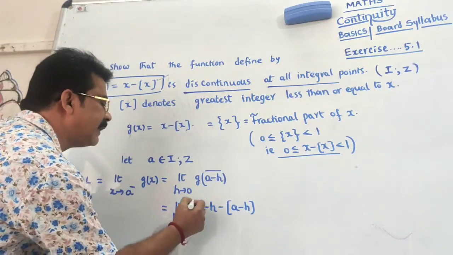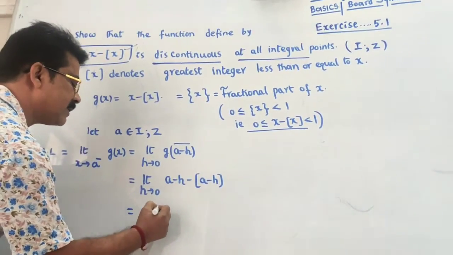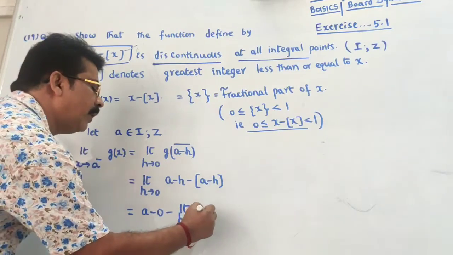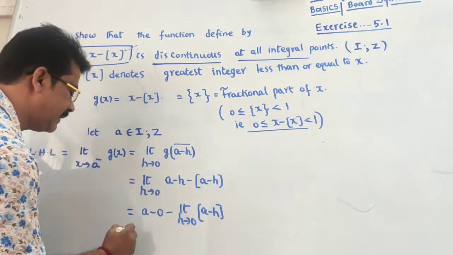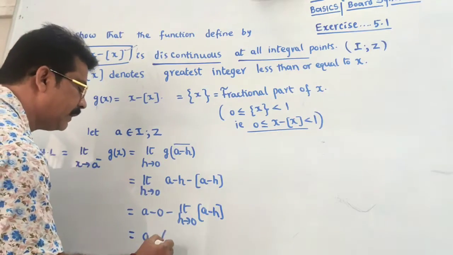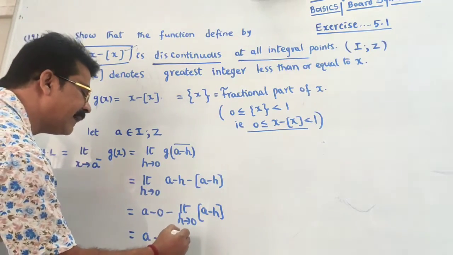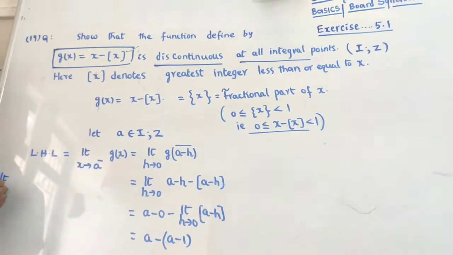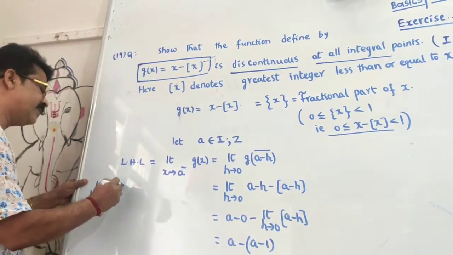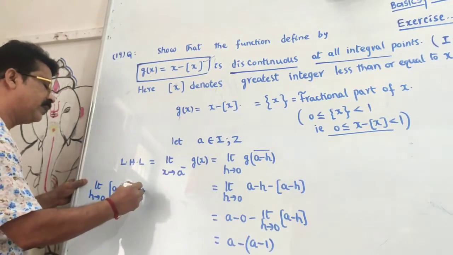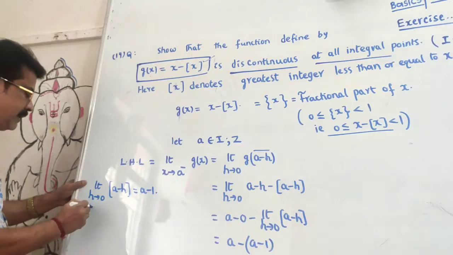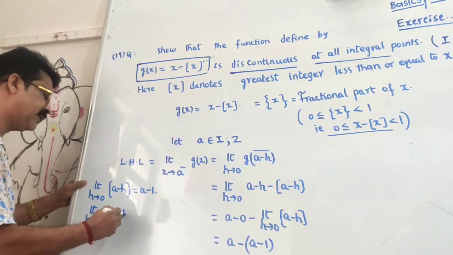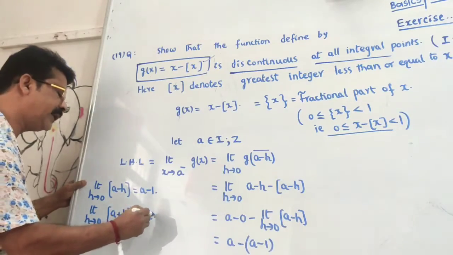So that is equal to a minus 0 minus limit h tends to 0 box of a minus h, that is equal to a minus, this value is a minus 1. Remember, limit h tends to 0 box of a minus h equal to a minus 1. Next, limit h tends to 0 box of a plus h is equal to only a.